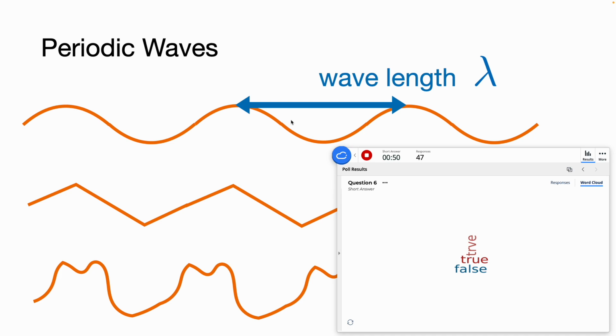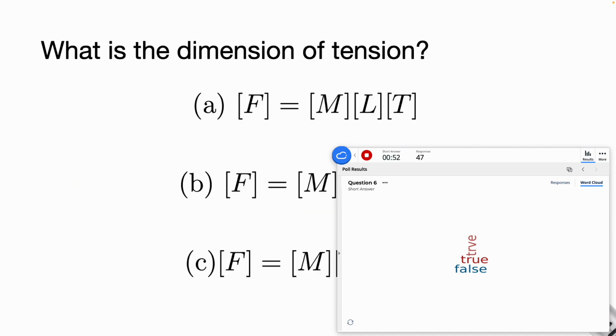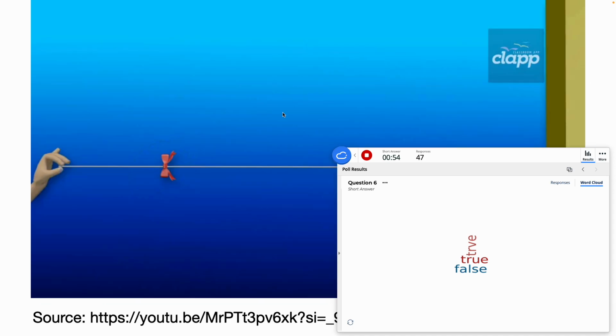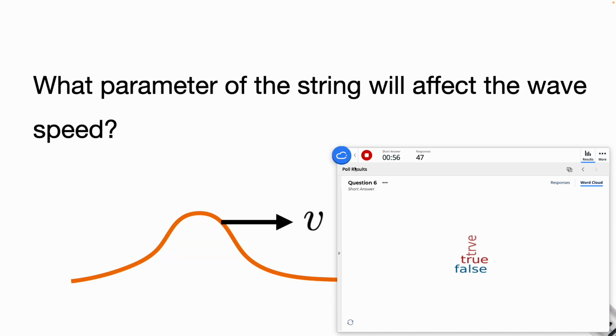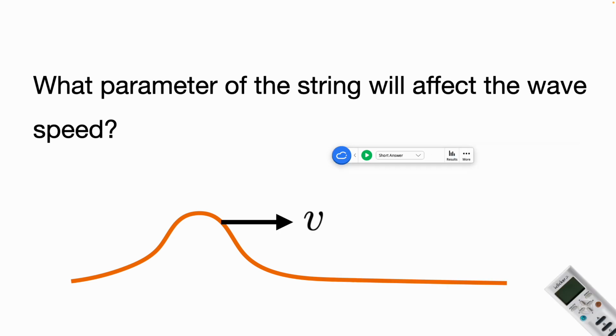If you only have a wave pulse like this, that is not a periodic wave. You can have just a wave pulse that travels from here to there. It is a wave, but you cannot define a wavelength for this thing. So only a periodic wave has a wavelength. Okay?